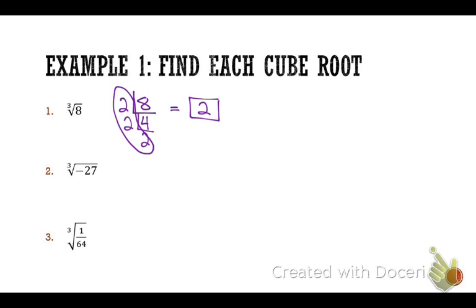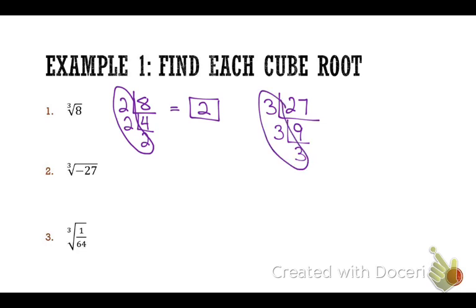Let's do 27, the next one. The cubed root of 27: what's the smallest prime number that goes into 27? 3. How many times? 9. And then what goes into 9? 3. How many times? 3. How many 3s do I have? 3, so I can circle that as one group.